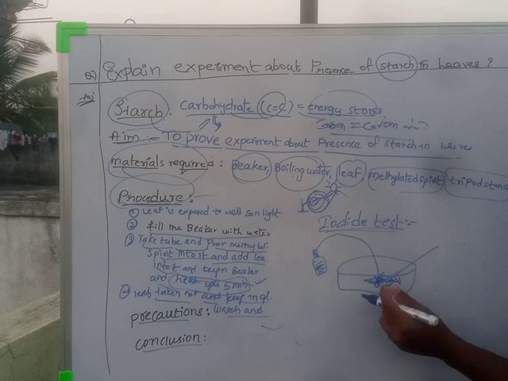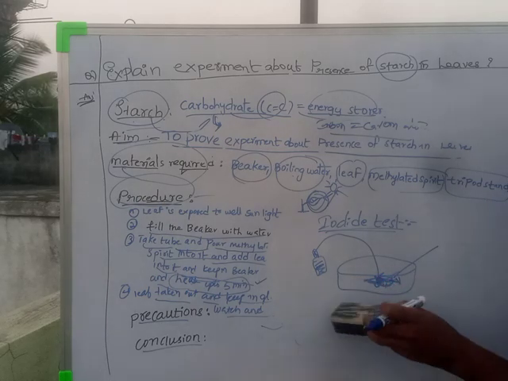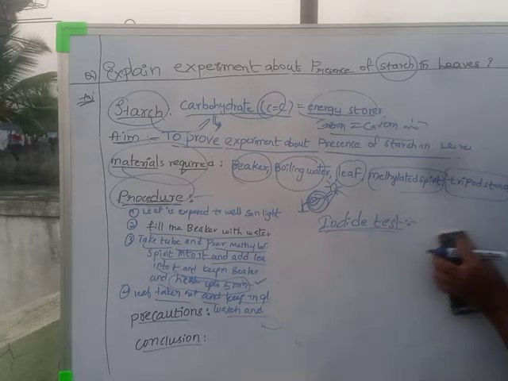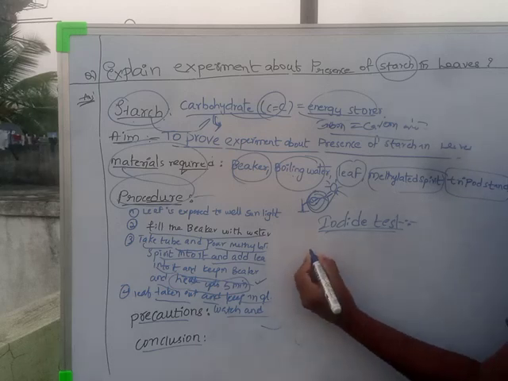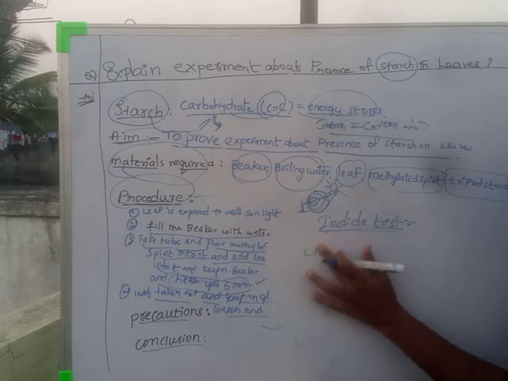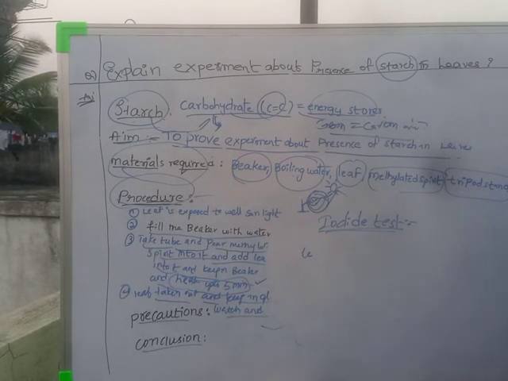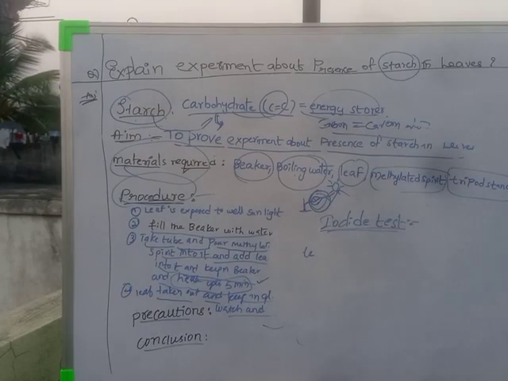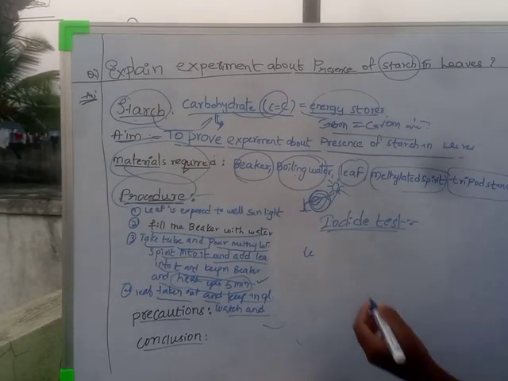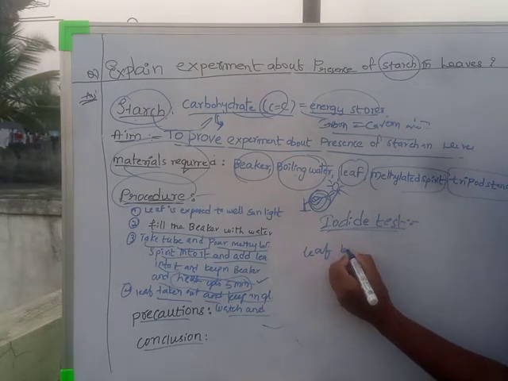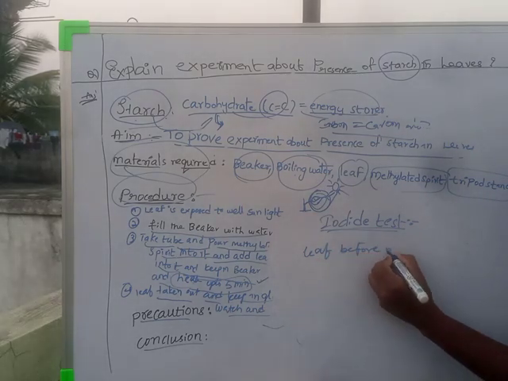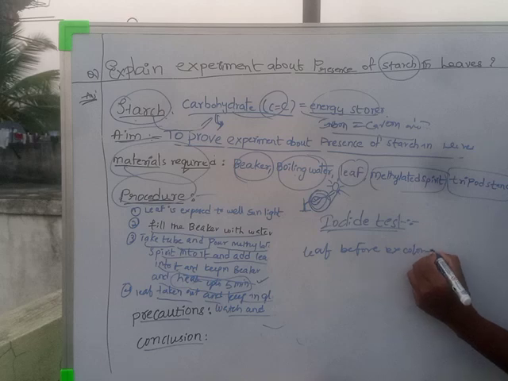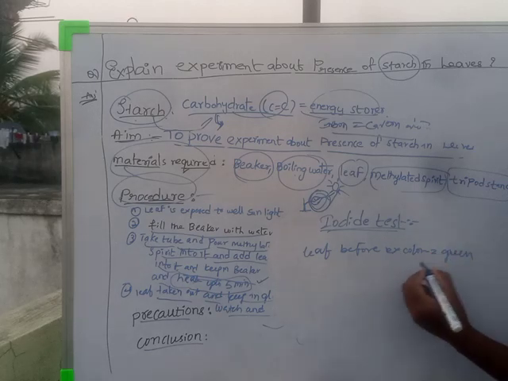So here, what we observe is, the leaf before the experiment should be green color.